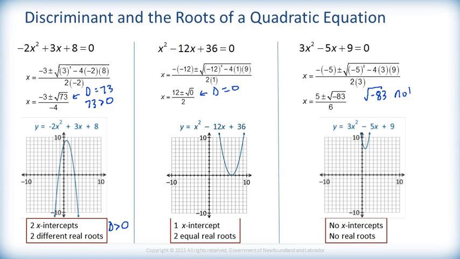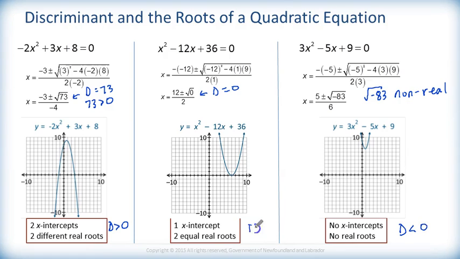So that gives us non-real roots, simply because we get a negative number under the root sign. We can't do the square root of a negative number using real numbers. So we will have non-real roots. Therefore, we have a negative discriminant.